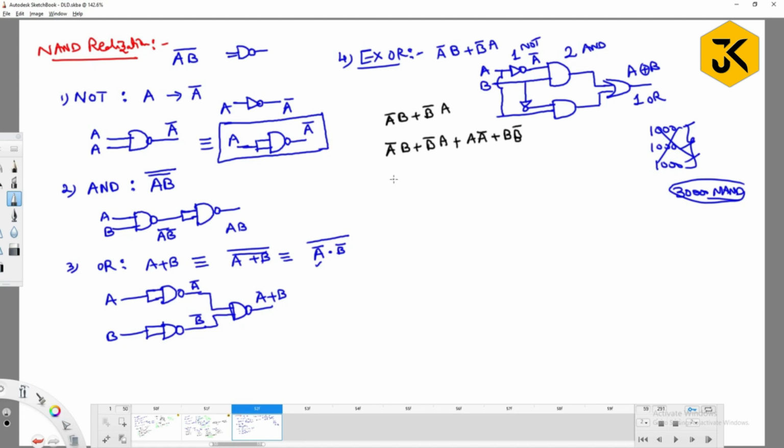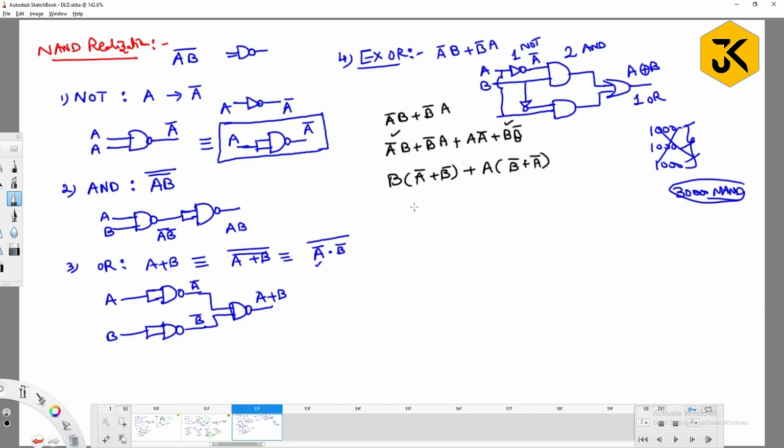Now I will try to take out B as common from the first and last terms. Then you are going to get A bar plus B bar. From the second and third terms, I am going to take out A as common. You are going to get B bar plus A bar.